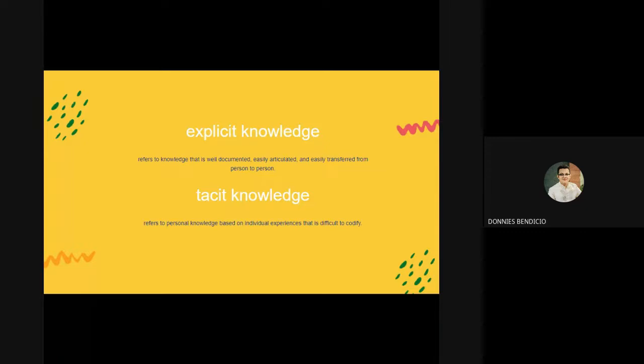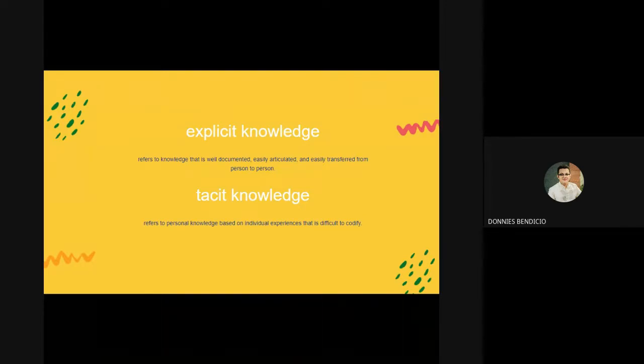Explicit knowledge tends to be the primary focus of formal training and employee development. So most likely during the training and development or learning and development programs, seminars, or trainings, you might be given some materials so you can look into it, some objectives as well as the processes of these trainings. So this is what we call explicit knowledge.